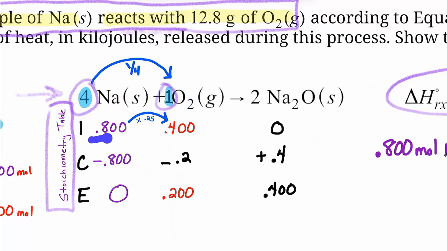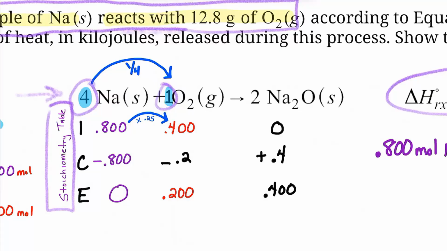What's 1/4 of 0.8? Okay, well, that's going to be 0.2. So the question is, do I have enough oxygen to completely react away sodium? And I do. All I need is 0.2. This 4-to-1 means all I need is 1/4 of this value of oxygen to make it completely react. That's the way that I love to teach it, because you can see the relationships here.